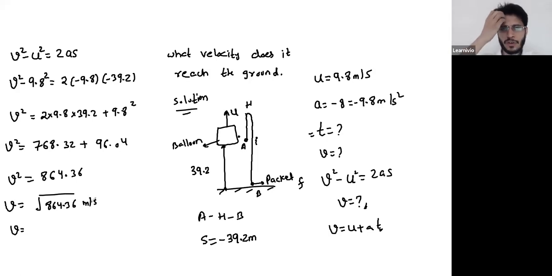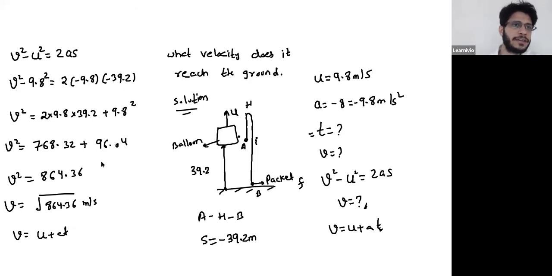Noor and Fazil, why were you getting root 8? Both were getting root 8. Yes, it's 864.36. Now, once you have got velocity, you can easily calculate time. V is U plus AT.